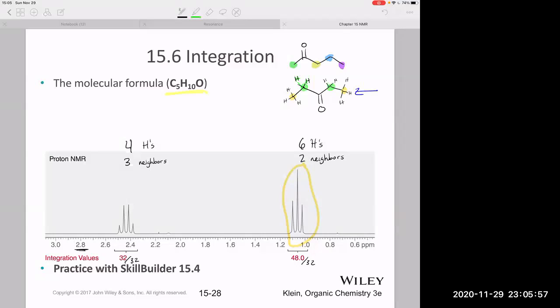And then likewise, these methylene carbons, they have 2 hydrogens each, and they're next door to a set of 3 hydrogens. So that means I would expect a splitting of 4, or a quartet. And so that corresponds to that peak there. So we are able to identify that it's not this particular ketone, but it will be that ketone there.